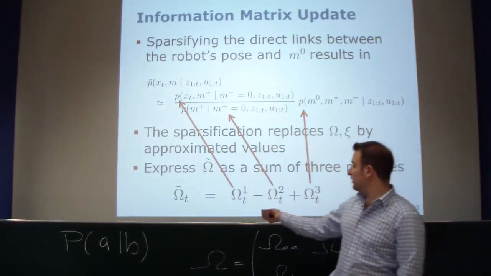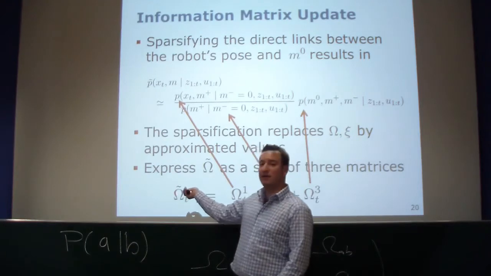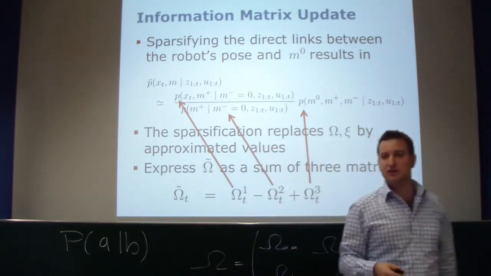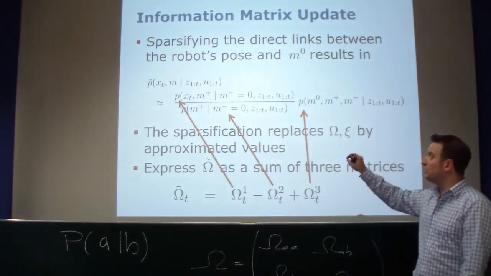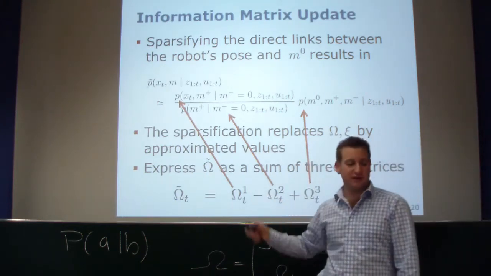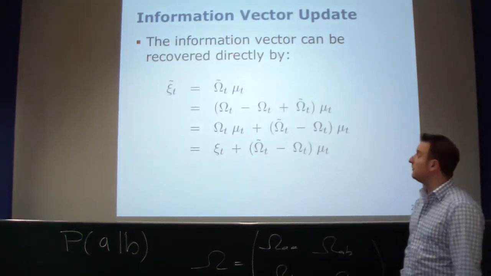Because this is in the end what happens if you do this conditioning and marginalization with the Gaussian. Okay, so now we have computed this omega tilde, the approximation of the information matrix, which is now the sparsified version of it. We also need to update the information vector.